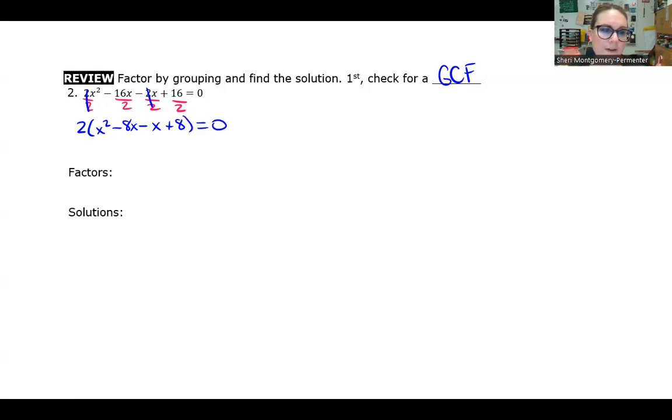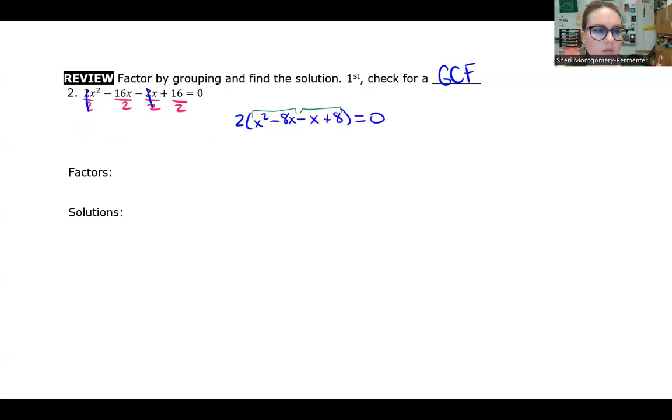So we're going to still factor by grouping, but now I have to do it like this. This one is also a little bit different than some of the ones that we've been doing because I'm going to scoot this over. I'm scooting it over just so I have more room to show you.